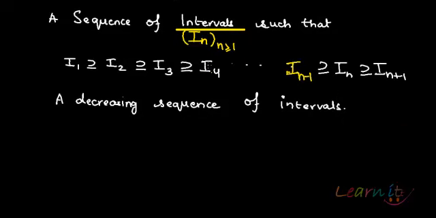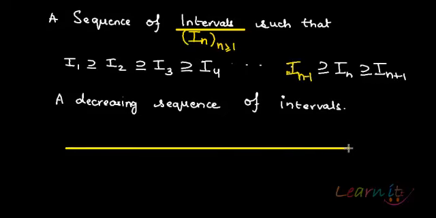So what will it look like? Let's just, on a line, try to figure out what these nested intervals will look like. Say this is I1.